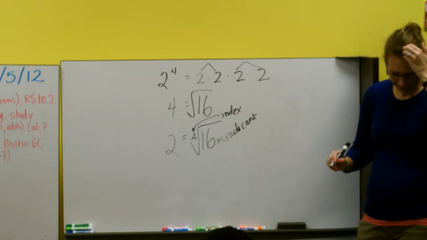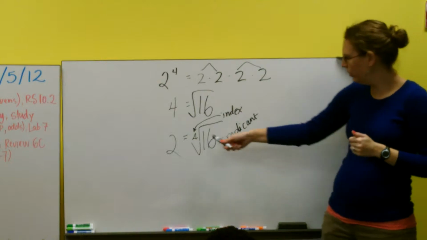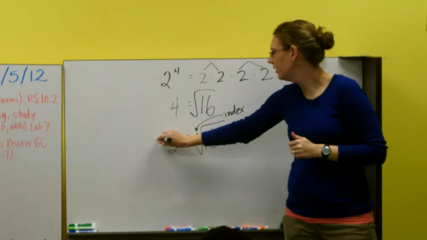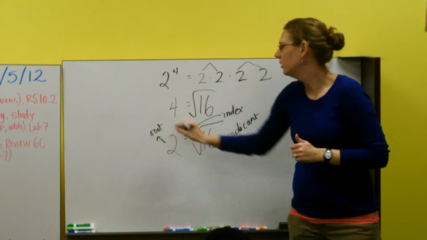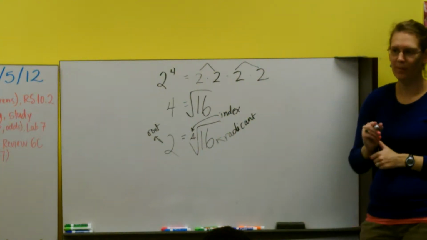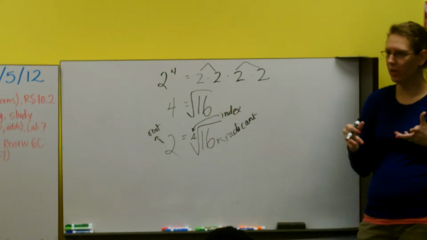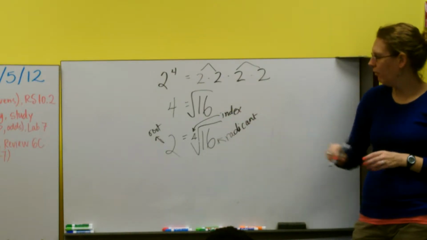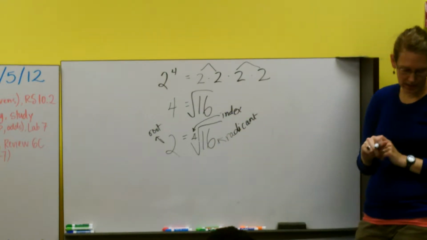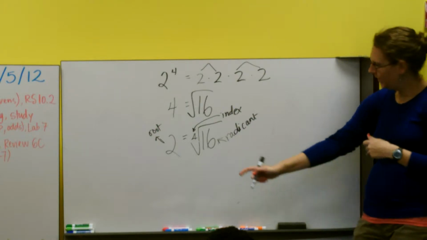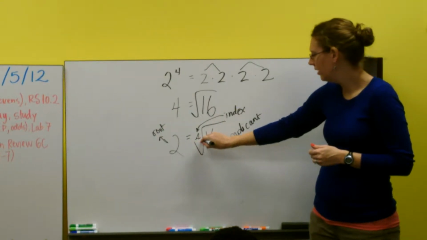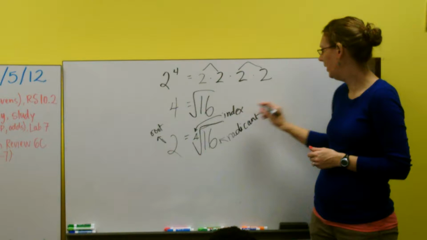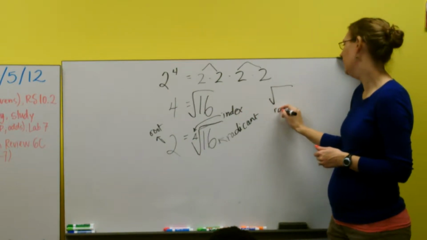And then 2, this guy right here, the answer, he's called the root. So just some terminology to make sure that we're all on the same page. We've got a radicand, we've got the square root sign, and 4 is our index, and then our root is 2. This right here is called our radical sign. Our funny looking thing is our radical sign.